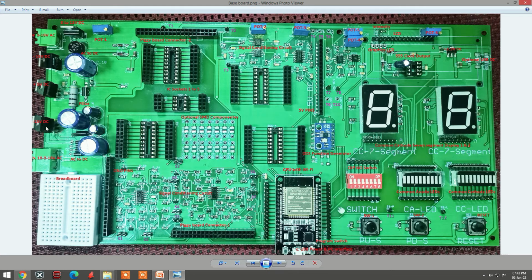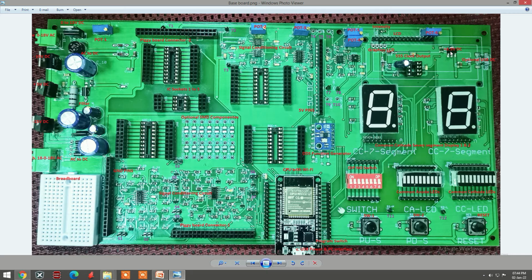Then 7815, which is a regulator for providing plus 15 volts DC. So that is taken care by this. And then you have a plus 5 volts DC supply, which is supported by this 7805 regulator. We are deriving plus 3.3 volts from this regulator, that is LM1117, which will give you 3.3 volts.